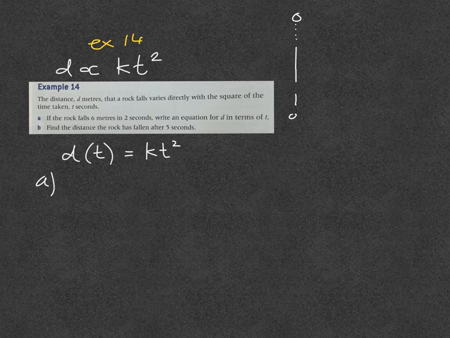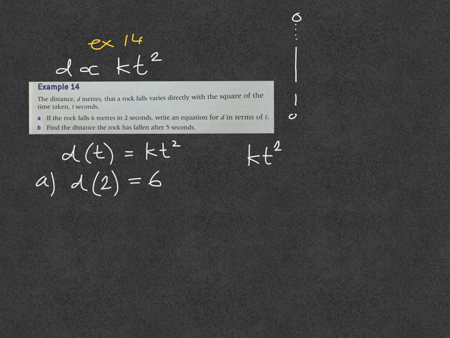So, we're told that a rock falls for 2 seconds, so we're looking for d of t equals 2. And we know that the function value is then going to be 6. It falls 6 meters in 2 seconds. So now we have this equation, where we know that this is equal to 6.